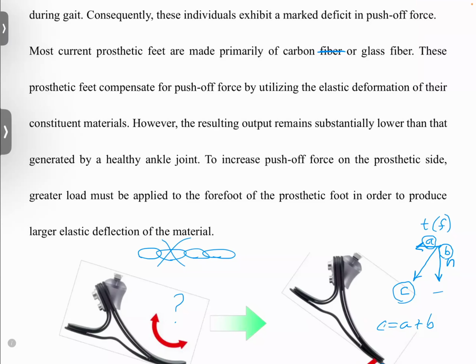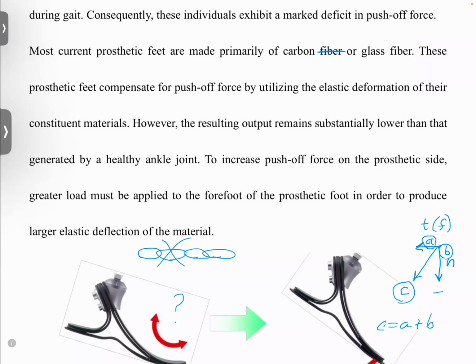Most current prosthetic feet are made primarily of carbon or glass fiber. These prosthetic feet compensate for push-off force by utilizing the elastic deformation of their constituent materials.